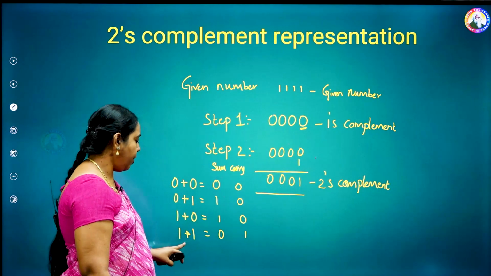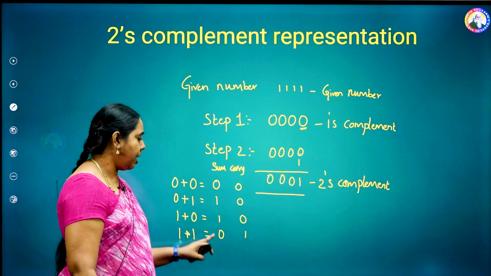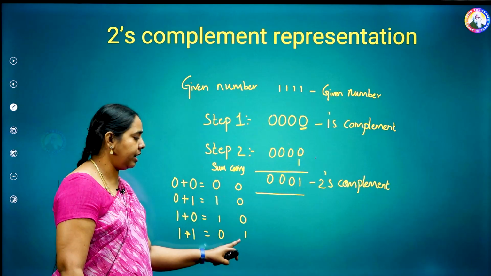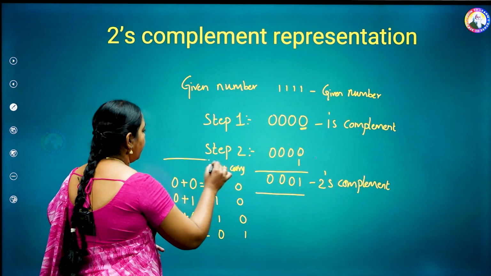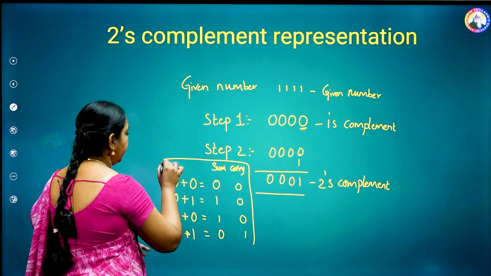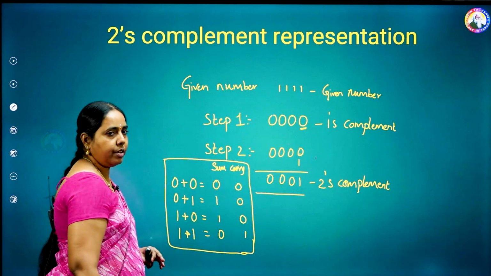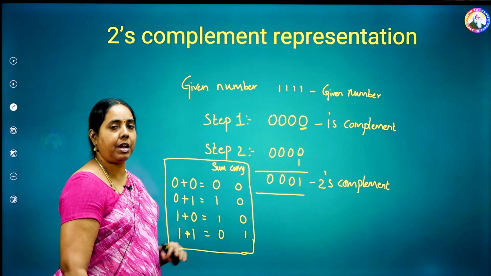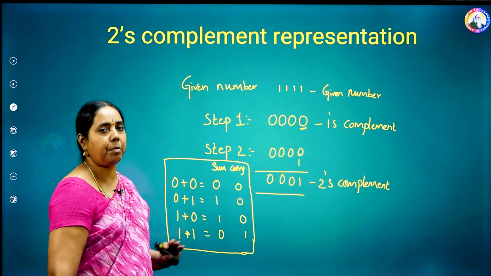So in binary addition, 1 plus 1 gives sum 0 and carry 1. You need to follow this principle while performing addition in 1's and 2's complement. This plays a major role while doing subtraction using 1's complement.